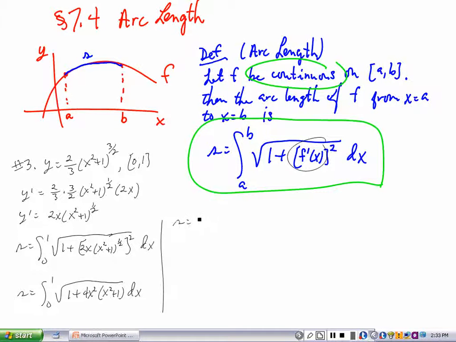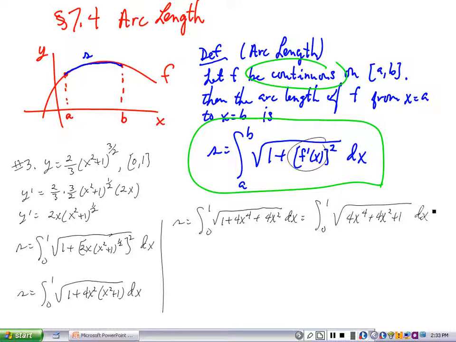We continue. The arc length is the integral from 0 to 1 of the square root of 1 plus 4x to the 4th plus 4x squared dx. Let's simplify that some more. This is the square root of 4x to the 4th plus 4x squared plus 1 dx.